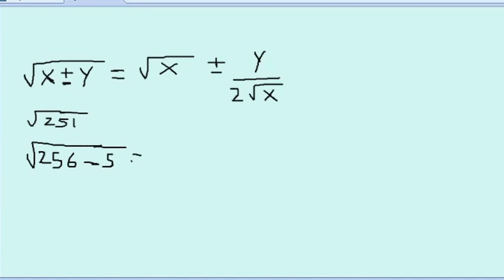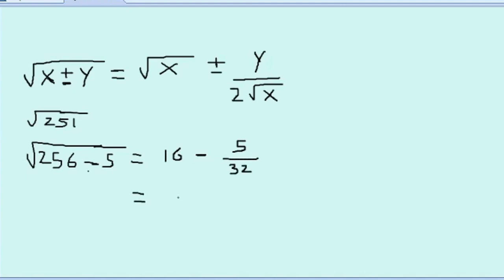Now this should be equal to root x. Root x is how much? Root 256 is 16. Here we have taken the minus sign, so here also I will take the minus sign. Now we have to do y upon 2 root x. Y is 5, and 2 into x is 16 into 2, which is 32.